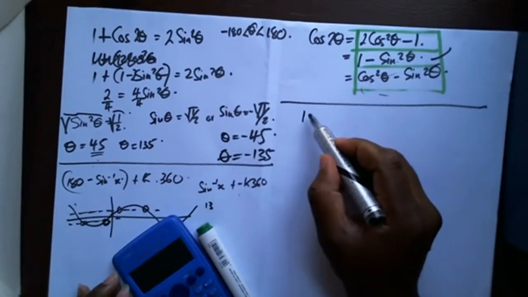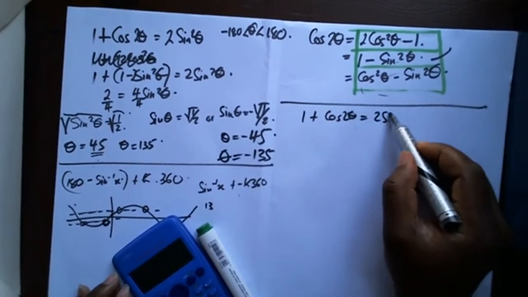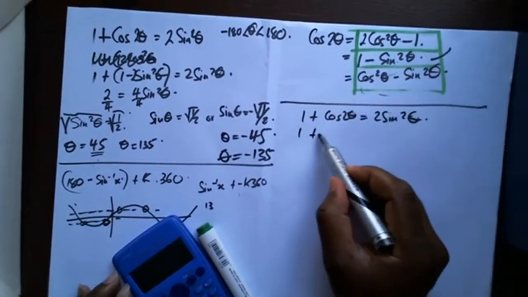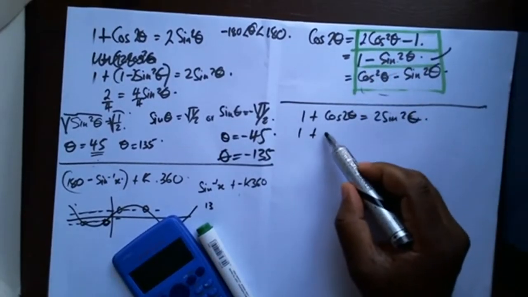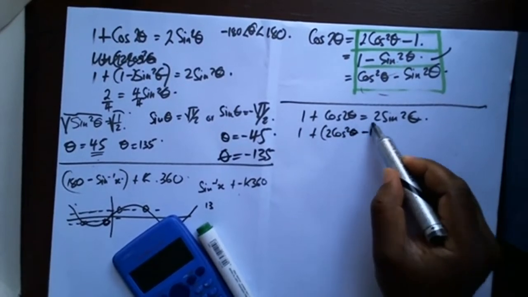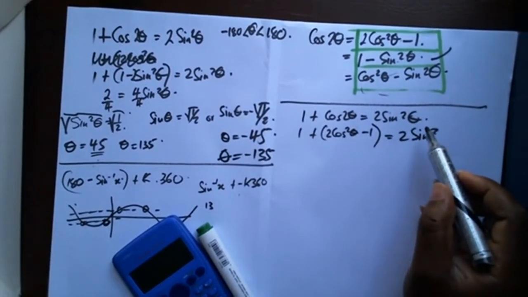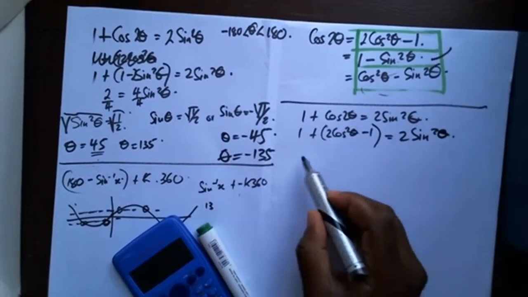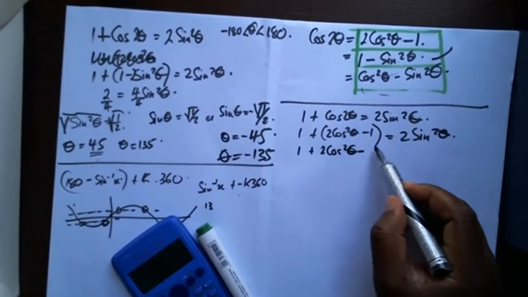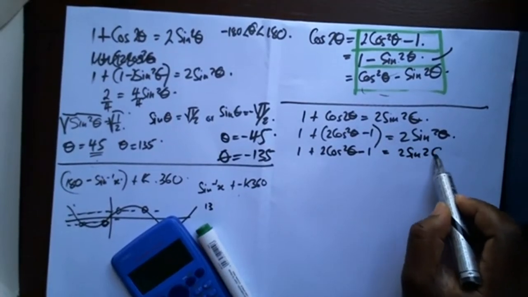It says 1 plus cos 2 theta is equal to 2 sine squared theta. So I can substitute with the first one, which is 1 plus, open the brackets, 2 cos squared theta minus 1 is equal to 2 sine squared theta.